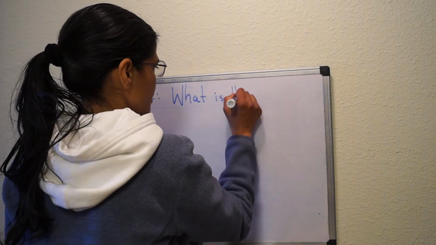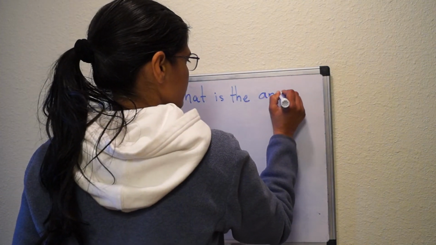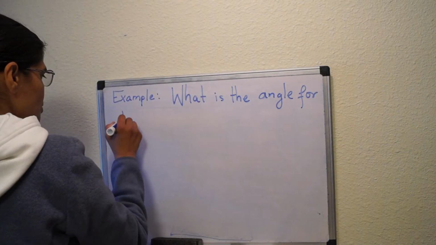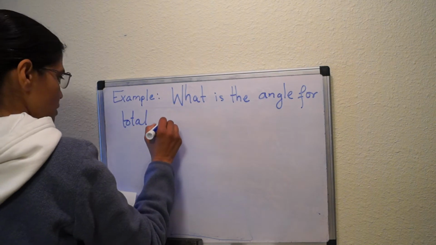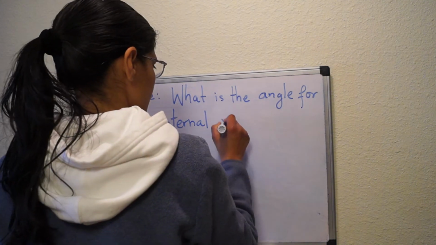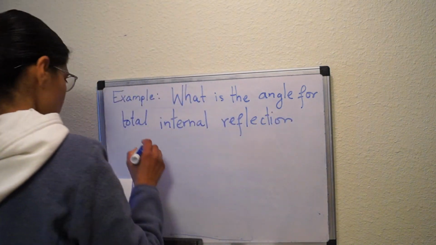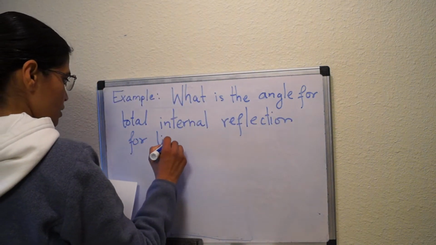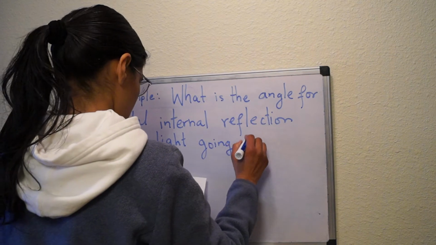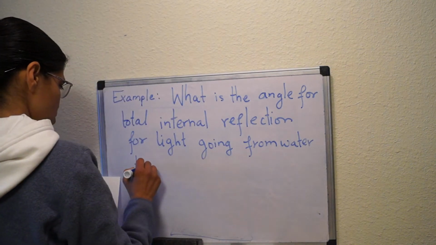What is the angle for total internal reflection for light going from water to air?